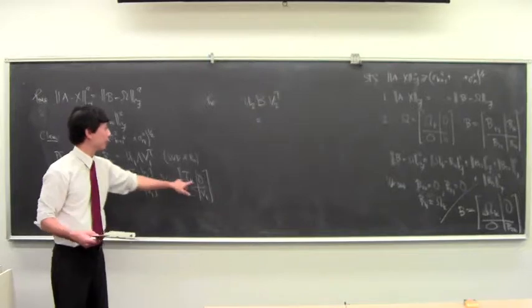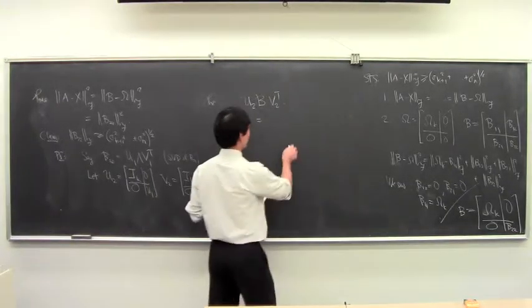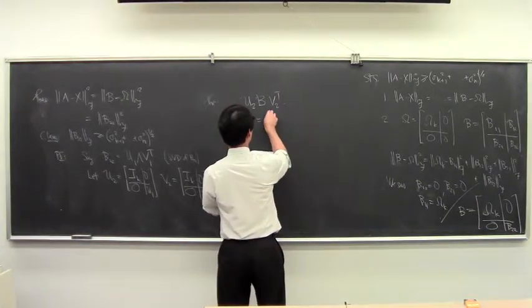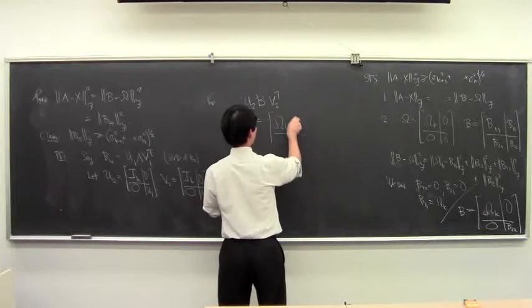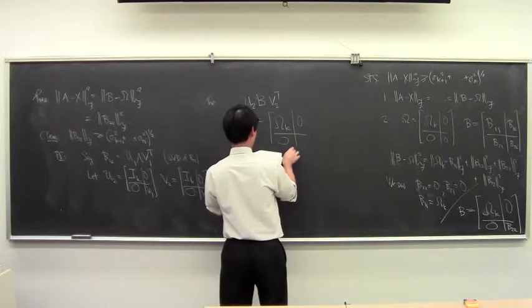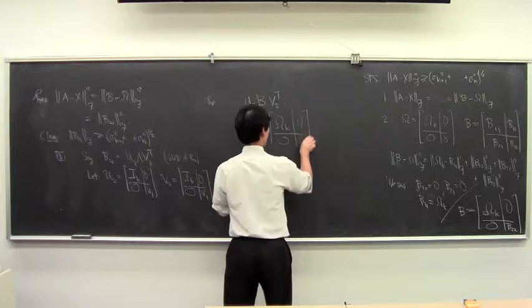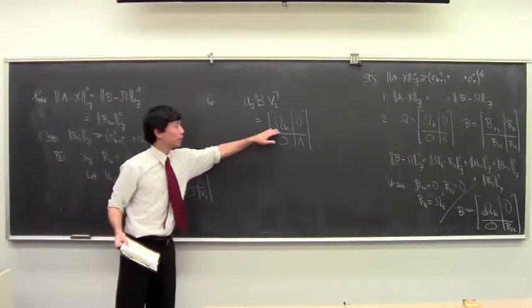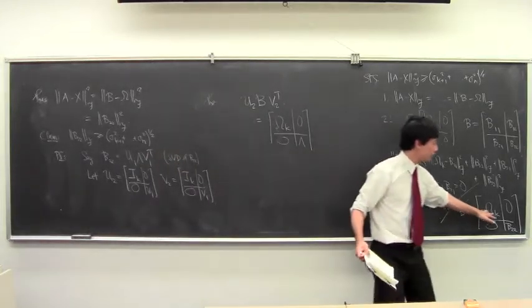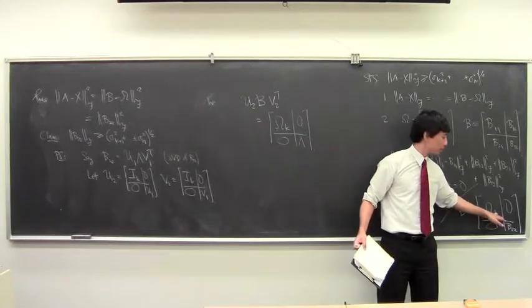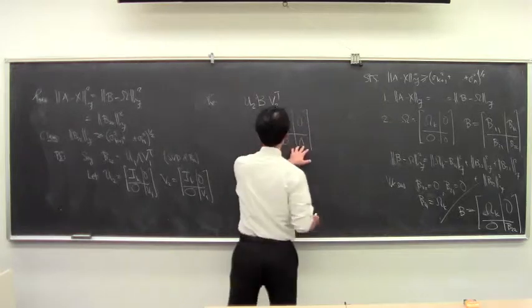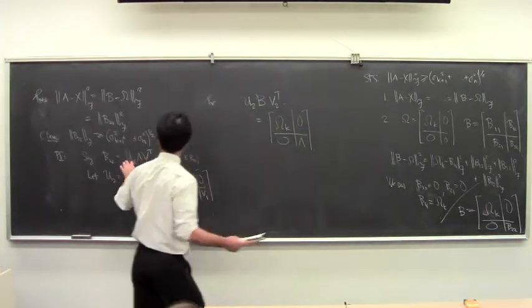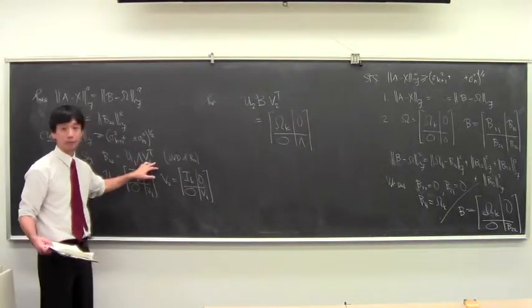Got the identity matrix here and here, so that's not going to affect. We're going to have something like this. The identity matrix is not going to change this part of B, and this part is going to turn into U1 lambda V1T.